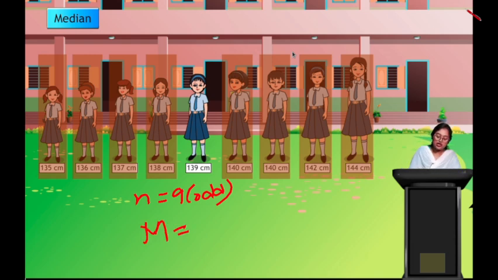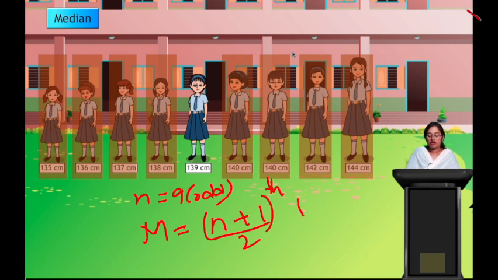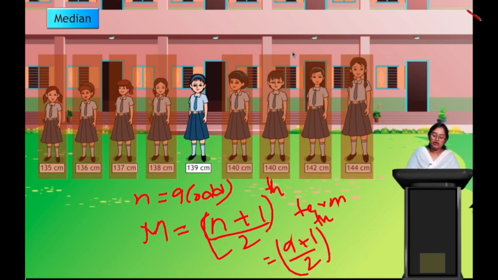The median is equal to the (n plus 1) divided by 2th term or observation. Children, here you can see n is 9, right? So 9 plus 1 divided by 2th term, that is 10 by 2, that is the fifth term.